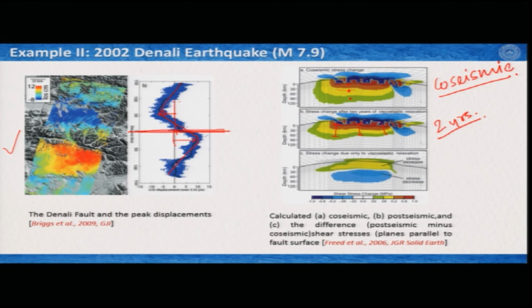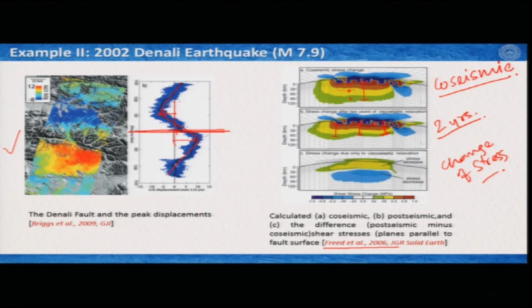I am not going into the detail, but if you are interested, you can read this paper, Rheology 2006, I think 2006A, they have 2 papers on this. So, what you can see here is that if I consider this affected area or affected depth, it has reduced from the coseismic time to the next 2 years. And this third is showing the change of stress. That means, if you subtract from this to this, this clearly indicates that we are recovering the stress.